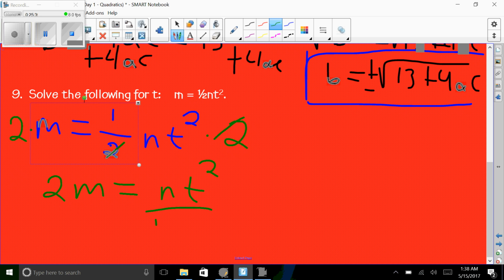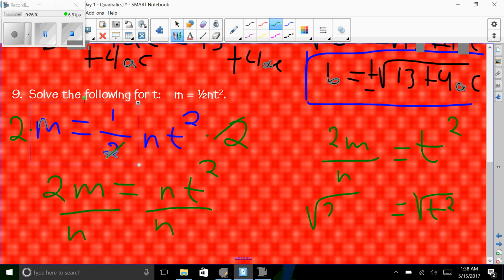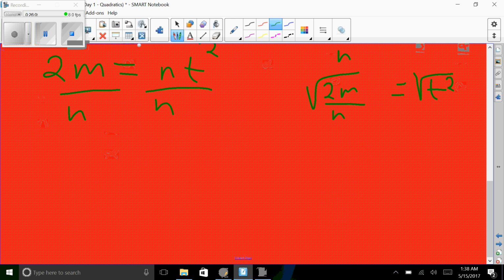Now to get rid of the n, I divide. I'll have t squared equals 2m minus n, divided by n. And just like we've done in the past, we take the square root of both sides to get rid of that. And we're just going to leave it like this, 2m over n.